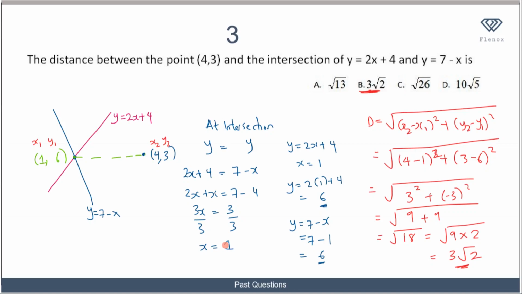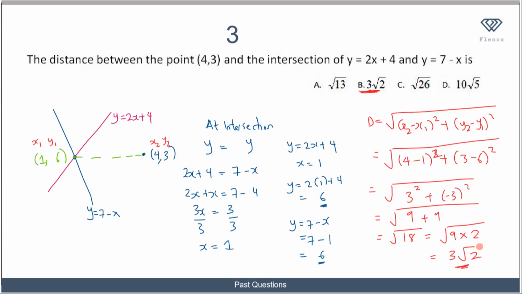When we got the value of x, we now substitute it back to the value of y in any of the lines. You get the same answer, and we got it as what? As 6. So we now found the coordinates of the point of intersection as 1, 6. Then using our formula for calculating distance between 2 points, we now use it to find the distance between the point of intersection here and the external point 4, 3. And we got our answer to be what?